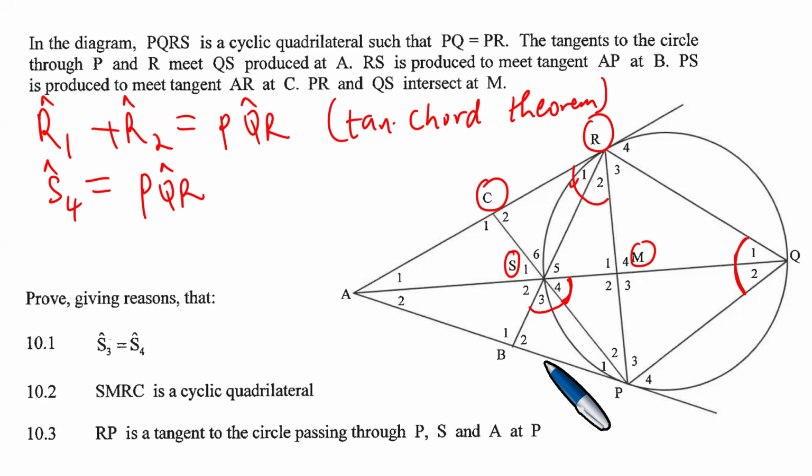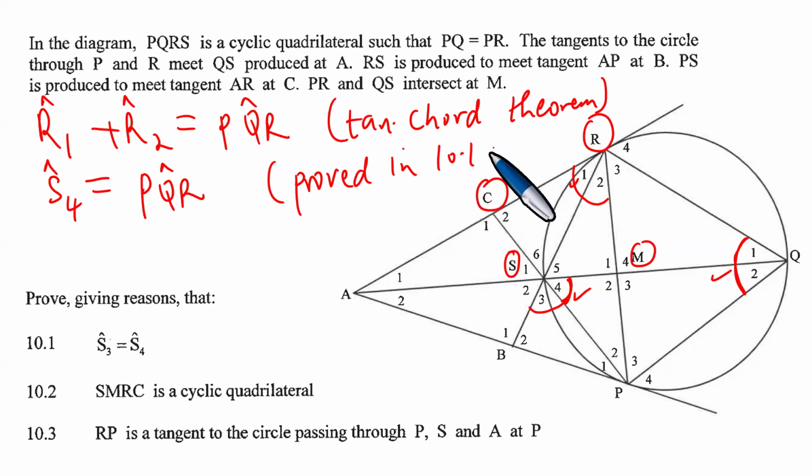We proceed to say that S4, this one here, is equal to PQR. What is the reason? The reason is that this was proved in 10.1 above. So just take note of that.